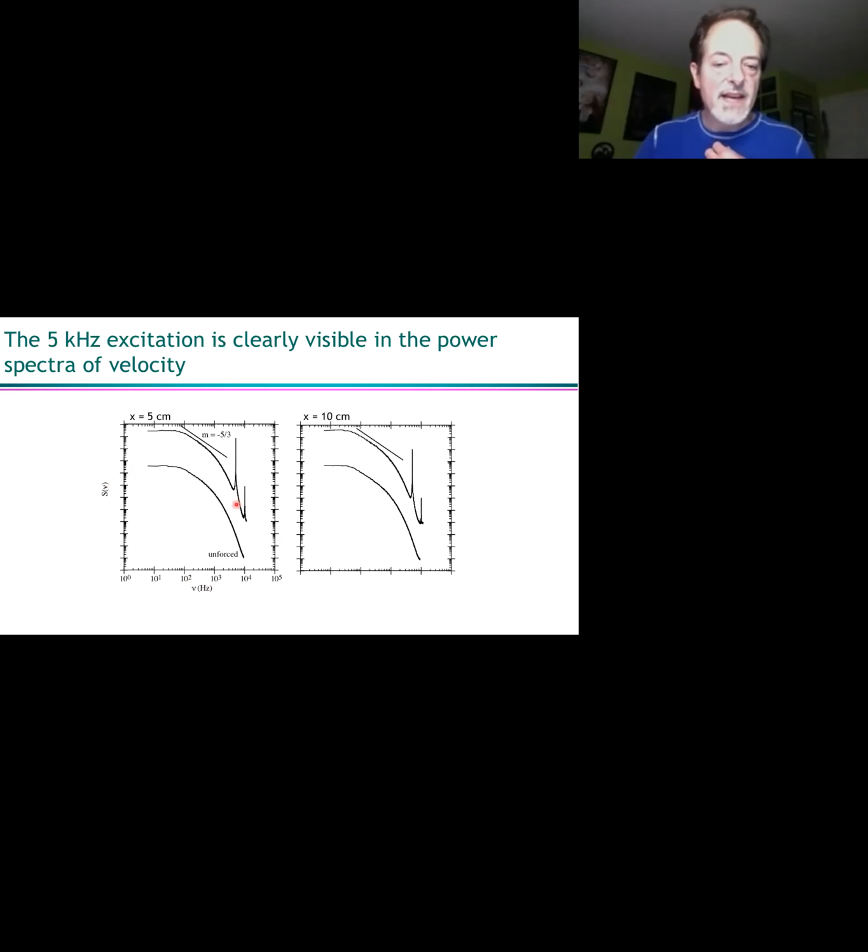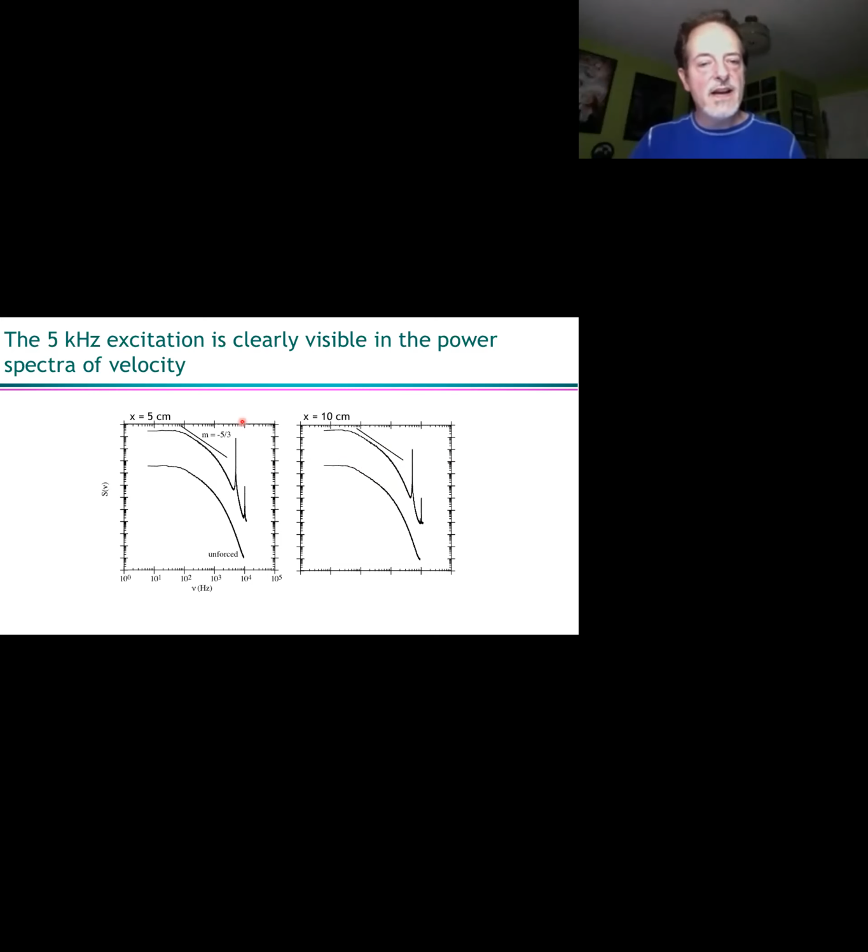This is for the unforced flow, and the trace above is the forced flow. I offset the trace above by, I think, 3 orders of magnitude just to separate them out. It's not really that much higher. But you can see the unforced flow has this characteristic shape, where especially if you go further downstream, it has this flat region with a slope of -5/3. This is called the inertial subrange of turbulence.